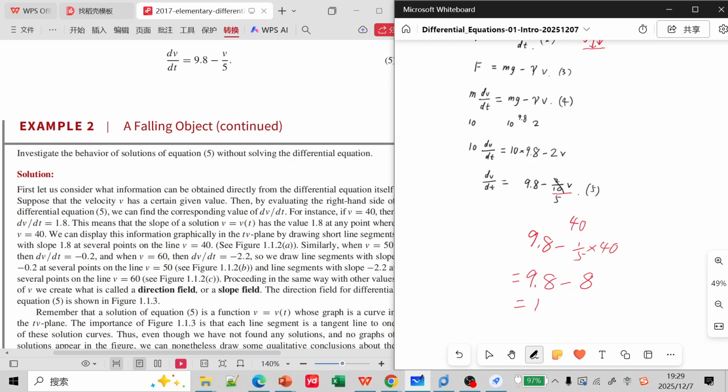So this is equal to 1.8. So here dv over dt is equal to 1.8.